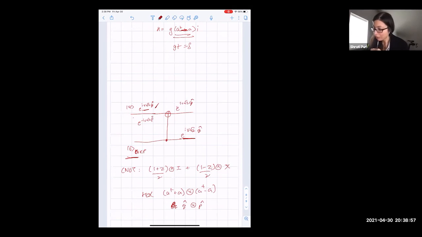So a V on the data GKP state becomes a V on the data GKP state, and a V on the ancilla GKP state. Now what I do is a homodyne measurement. I measure P. What is a homodyne measurement doing?